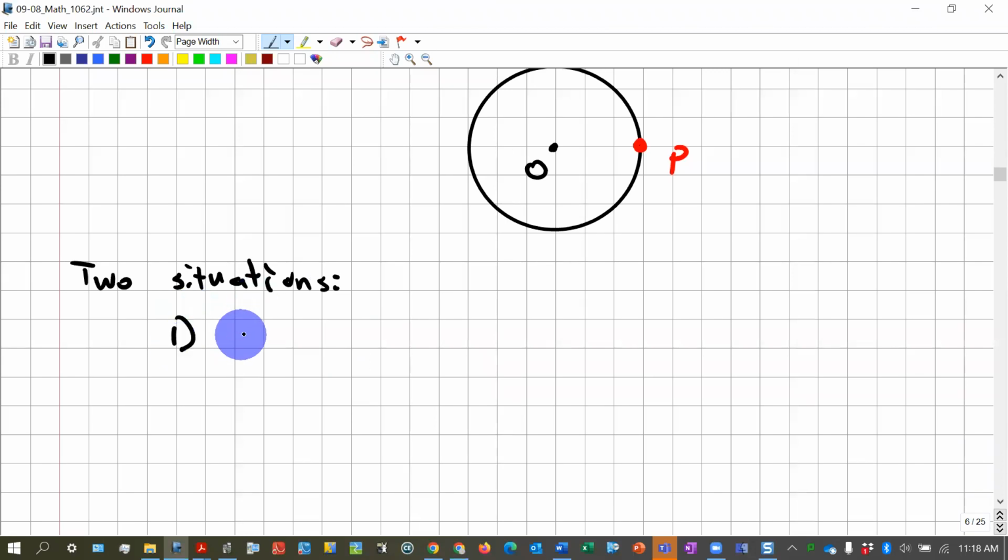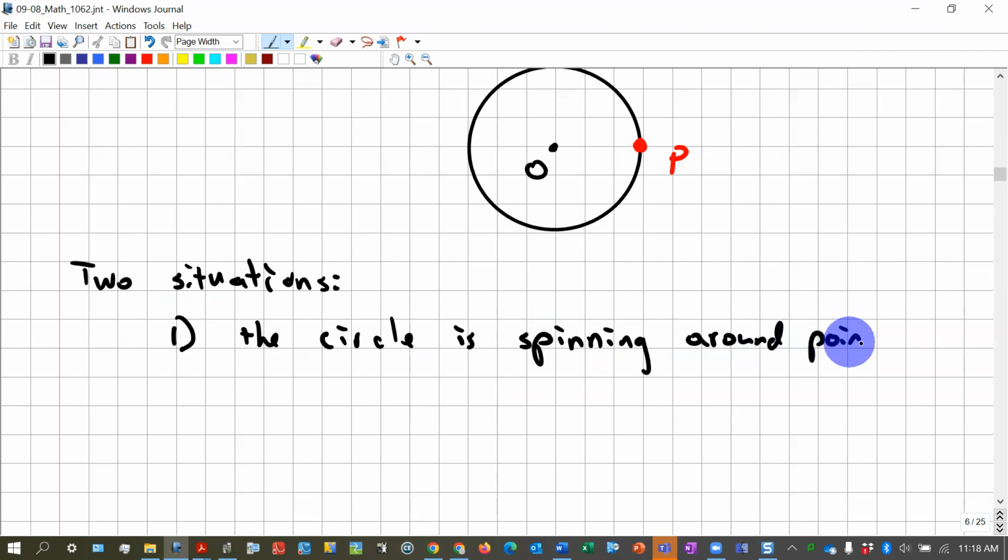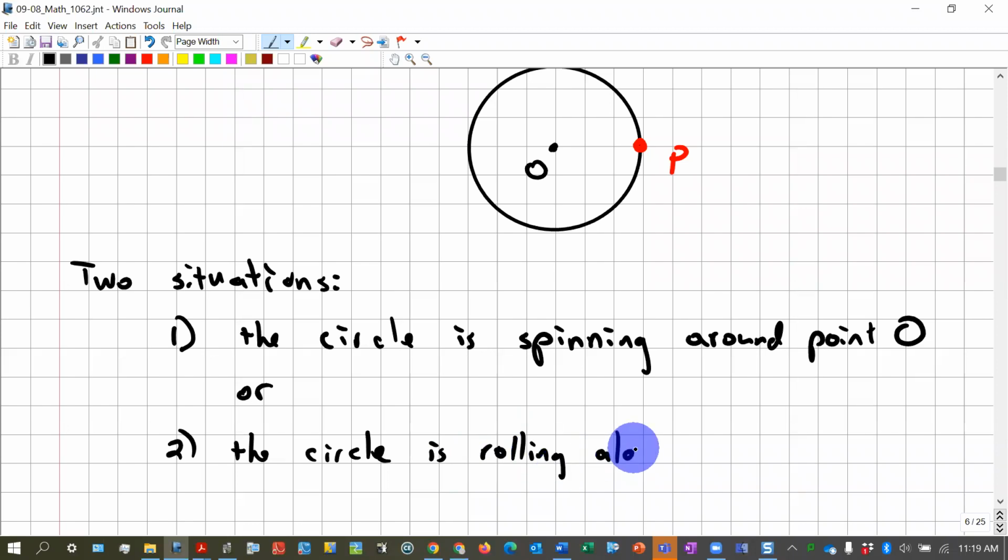One is the circle is spinning around its center, or the circle is rolling along a flat surface.